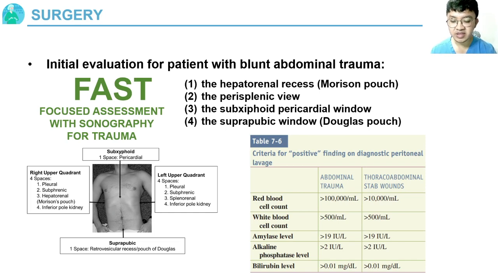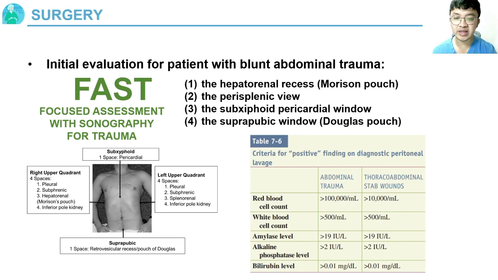Okay, so these 5 actually have more or less the same criteria for abdominal and thoracoabdominal stab wounds. Once again, it's abdomen only versus thorax and abdomen. Main difference is in the RBC, while abdominal trauma has a threshold of 100,000 per mL for a positive DPL.